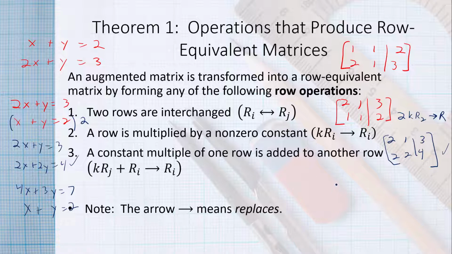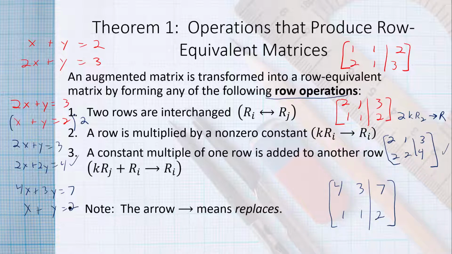And the augmented matrix associated with that system would be 4, 3, 7, 1, 1, 2. And notice that here we have equation transformations, and here we have what we call row operations. And we're going to spend the rest of this video talking about these row operations.